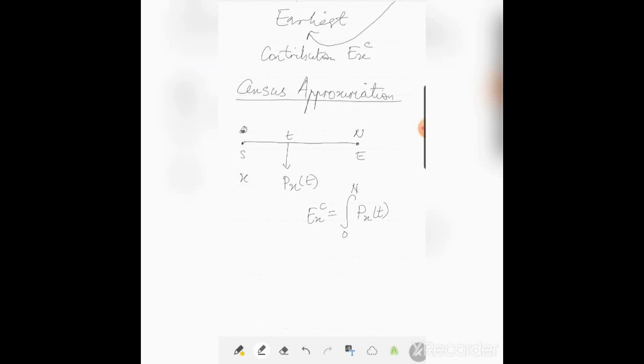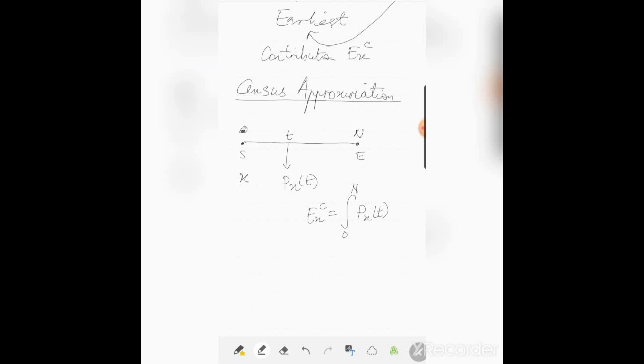I'm integrating from 0 to n the population at each of these points. Probably at exactly time t I have observed p_x(t) lives, and at t plus 1 I have observed p_x(t+1). So the central exposed to risk over the entire period is the integral from 0 to n of p_x(t).